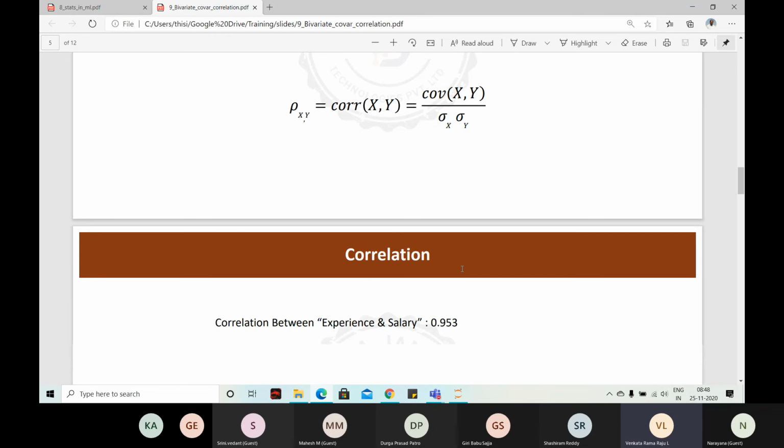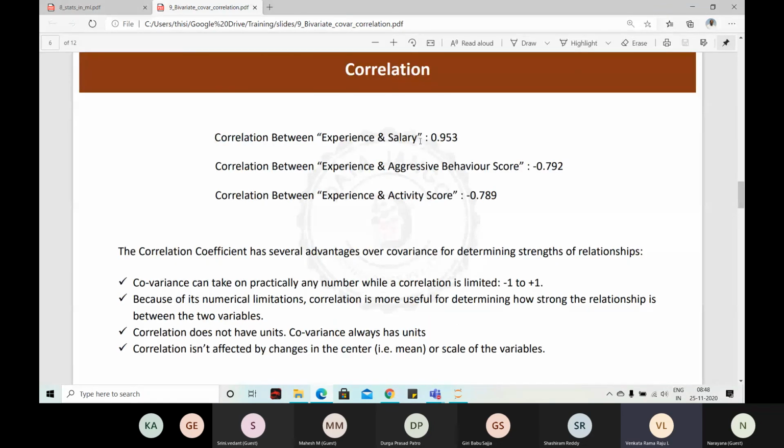Now you see the correlation between experience and salary is 0.953. Experience and aggressive behavior is about -0.9. As good as this positive relationship, this negative relationship is also. This feature is important.